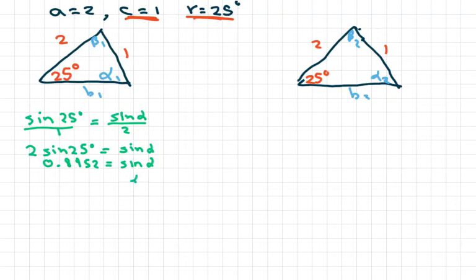And so alpha is inverse sine of 0.8452. So your alpha 1 is 57.7 degrees.